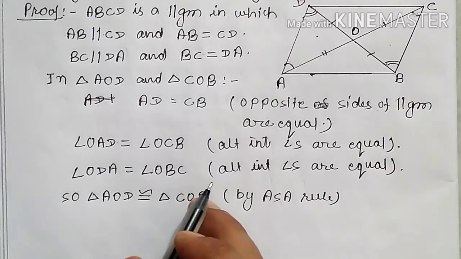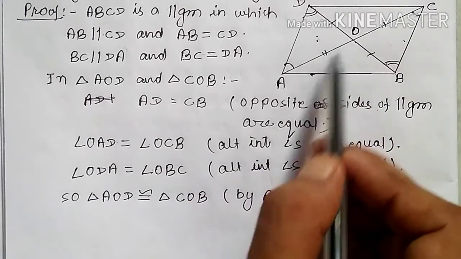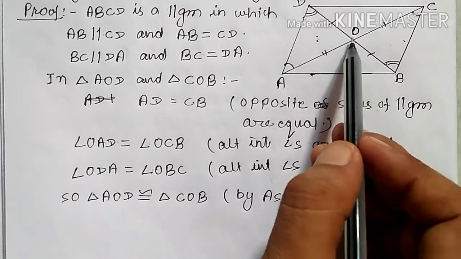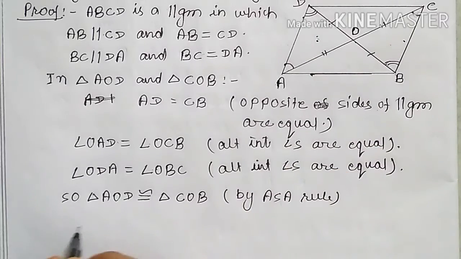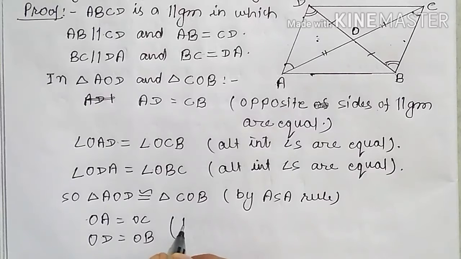What are the corresponding parts? If both the triangles are congruent, then we can say that OA is equal to OC, OD is equal to OB, by CPCT. Both are by the CPCT.